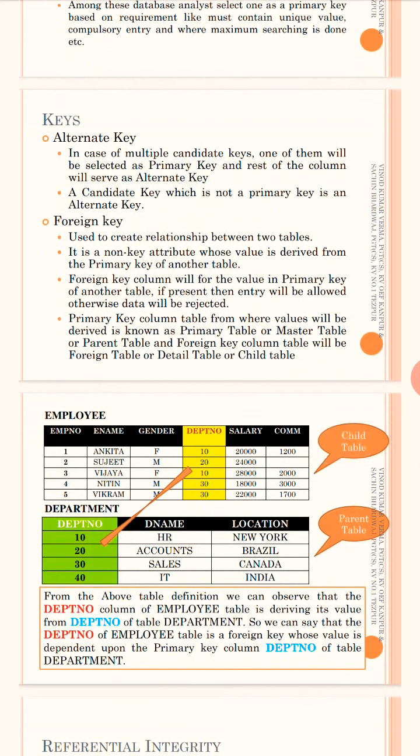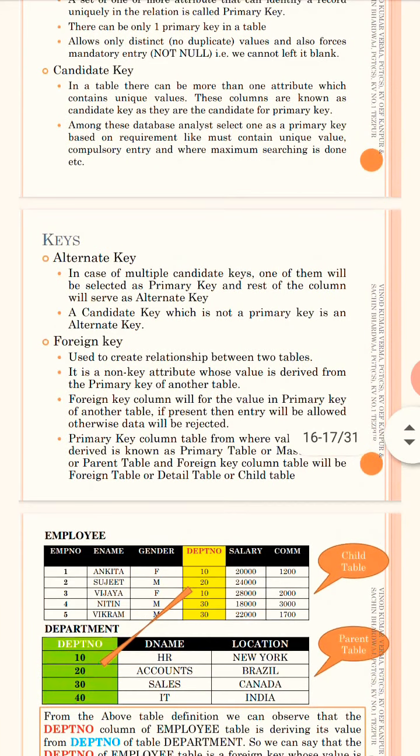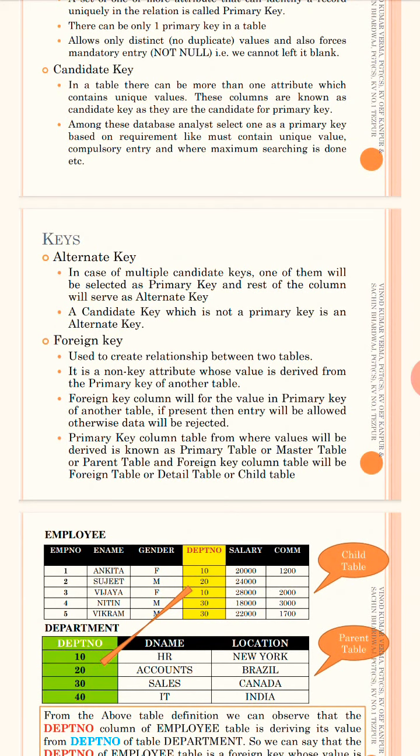Alternate key, out of candidate keys we select one column or a key as a primary key, and rest other all are called alternate key. Like in a table, if 5 columns are there, and these 5 columns can represent uniquely the table, all these 5 columns are called candidate key. But if we select a particular column as primary key, then rest 4 columns are called alternate key.